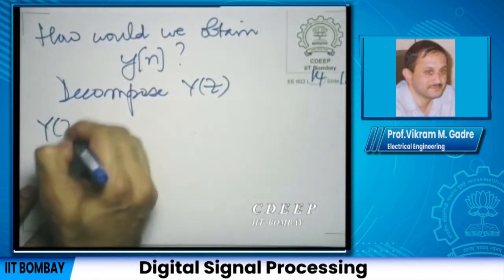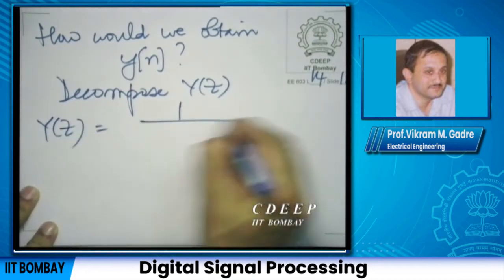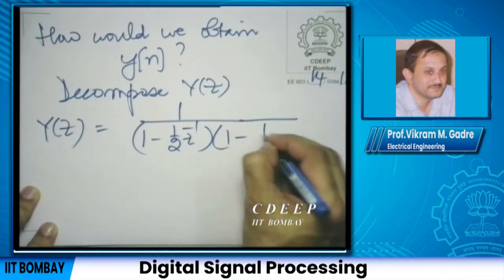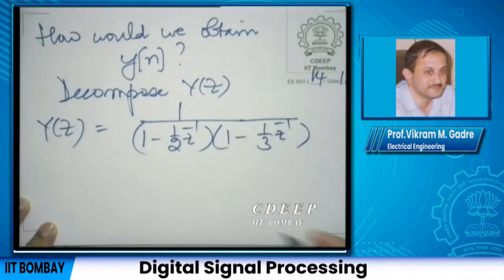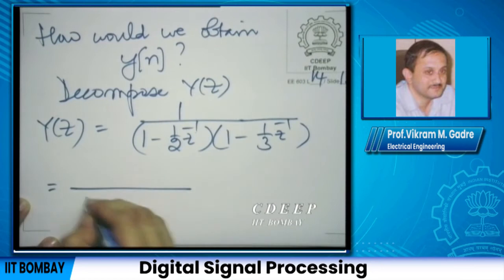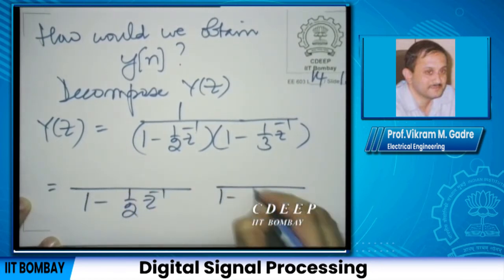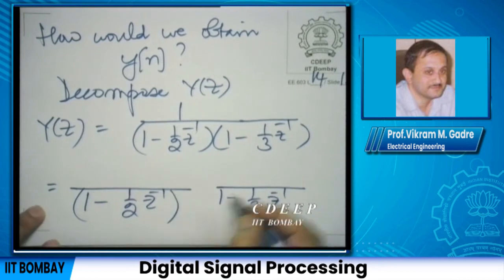Now, y z, which is 1 by 1 minus half z inverse, 1 minus 1/3 z inverse, can be decomposed as something upon 1 minus half z inverse and something upon 1 minus 1/3 z inverse. What upon each? And the idea is very simple.